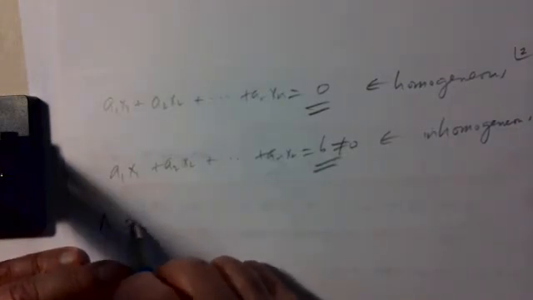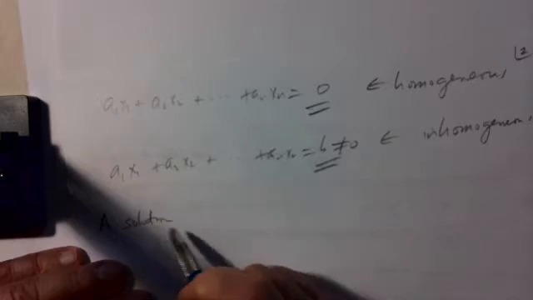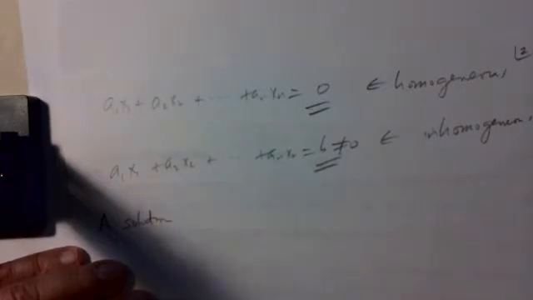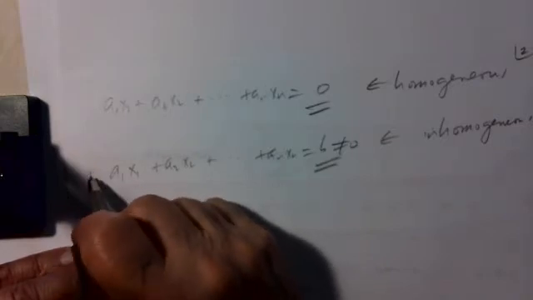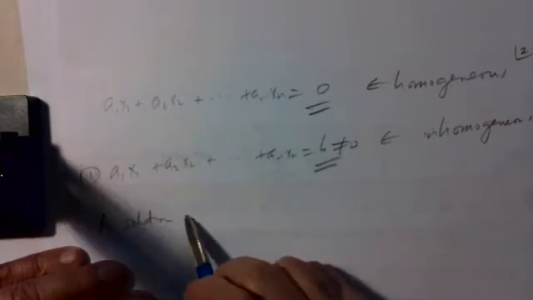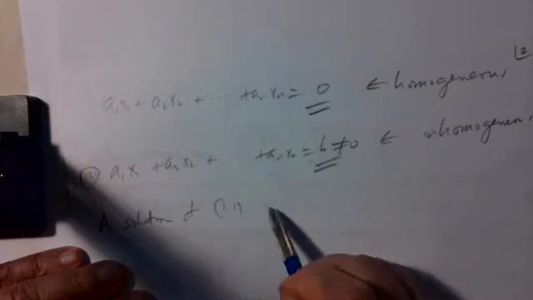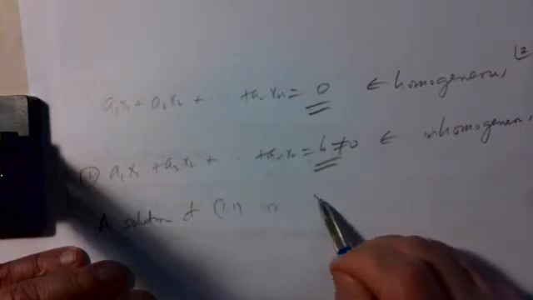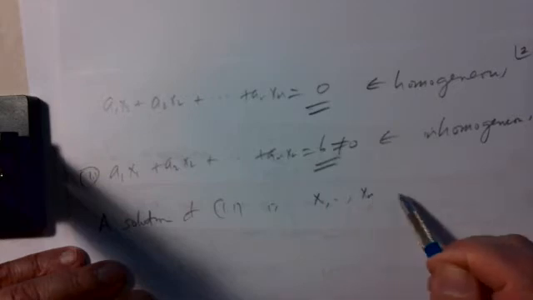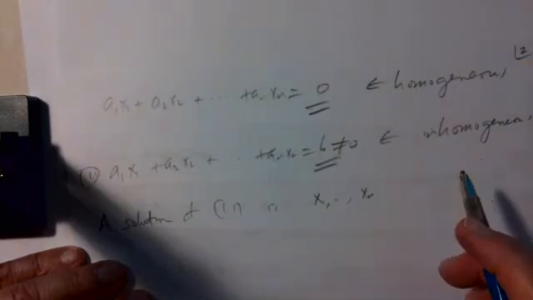And that's what it is. And what do we mean by a solution of an equation? Let's call this equation 1.1. A solution of this equation 1.1 is a sequence of numbers x1 up to xn that solve the equation.